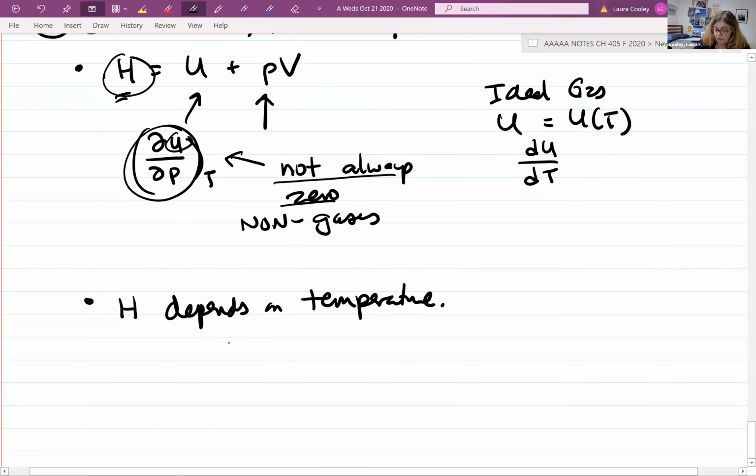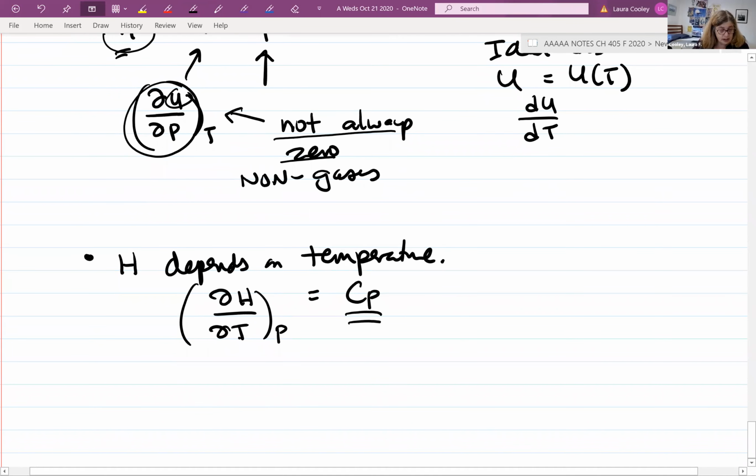The derivative of H with respect to temperature at constant pressure, that's the heat capacity. So the slope of how H depends on T is the heat capacity at constant pressure. So it definitely depends on temperature.